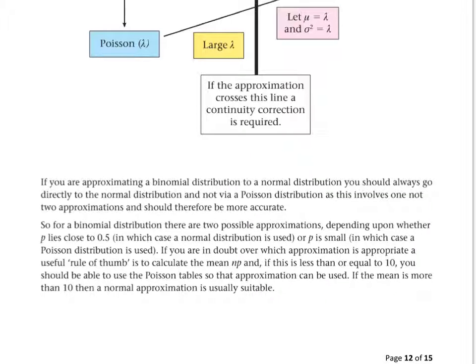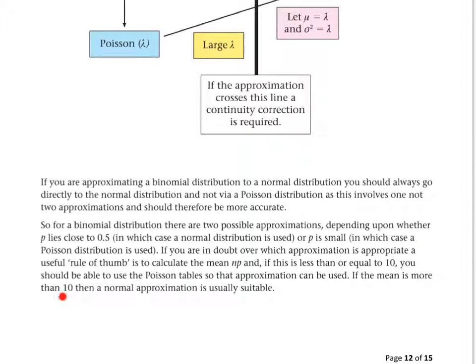So for the binomial distribution, there are two approximations, depending upon whether p lies close to 0.5. If it's close to 0.5, we use the normal distribution, or if p is small, a Poisson distribution is used. If you're in doubt over which approximation is appropriate, a useful rule of thumb is to calculate the mean np, and if this is less than or equal to 10, use the Poisson tables, because the tables go up to 10.